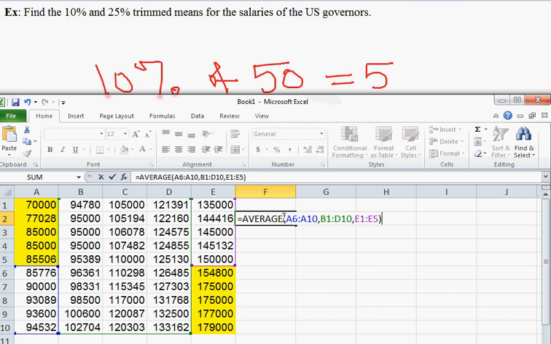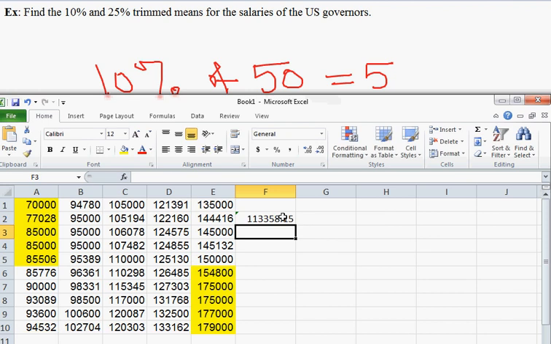So highlighting those 40 numbers, let's figure out what the average of those numbers is. So the trimmed mean would be $113,358.15. So this would be the 10% trimmed mean, looking at the 40 numbers in the middle, eliminating the lowest 10% and the top 10%.